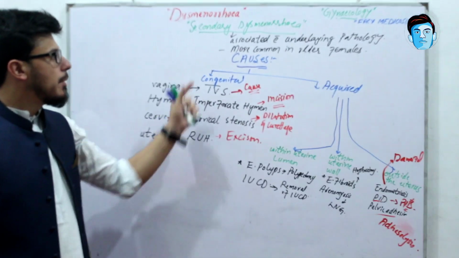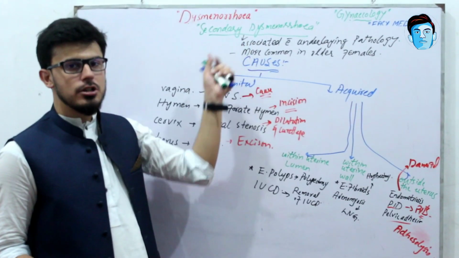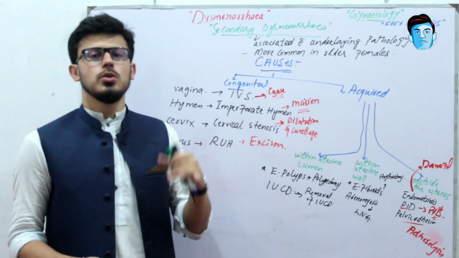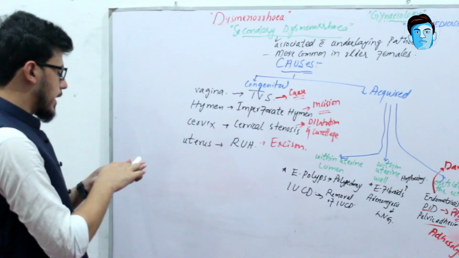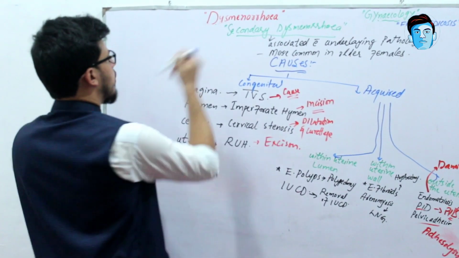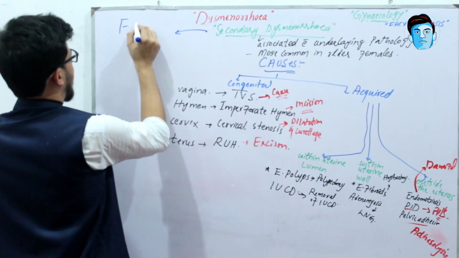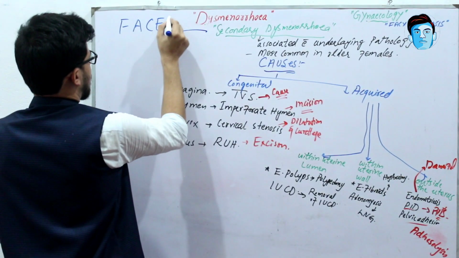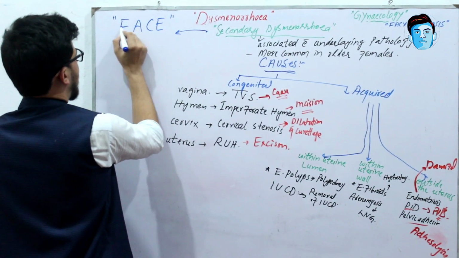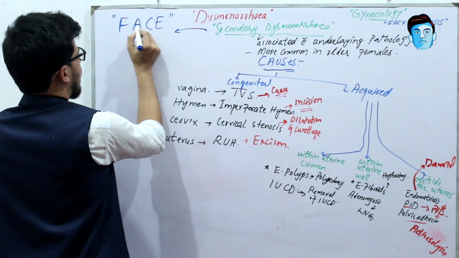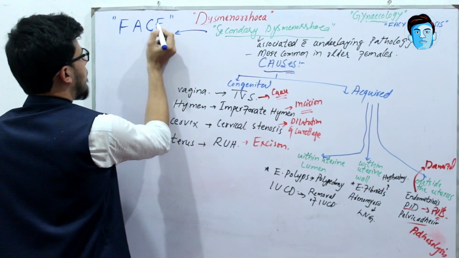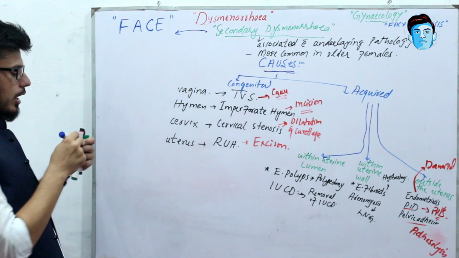Now if you can't remember the causes of secondary dysmenorrhea in this pattern, you can learn them by a mnemonic called FACE. This is a simple trick to learn the major and main causes for the secondary dysmenorrhea.